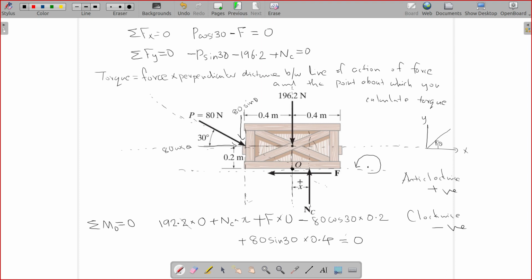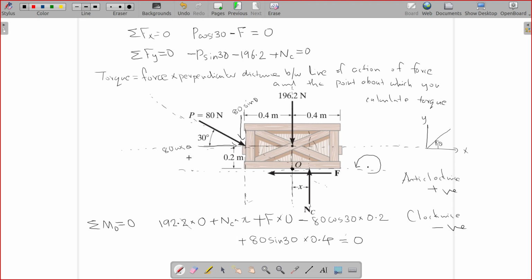What will be an example of a value of x that will not make sense? Let's say 0.5. 0.5 means it goes out of the object. You can't have a normal force out of the object, right? Similarly, if it is minus 1 or something, again it goes out of the object.